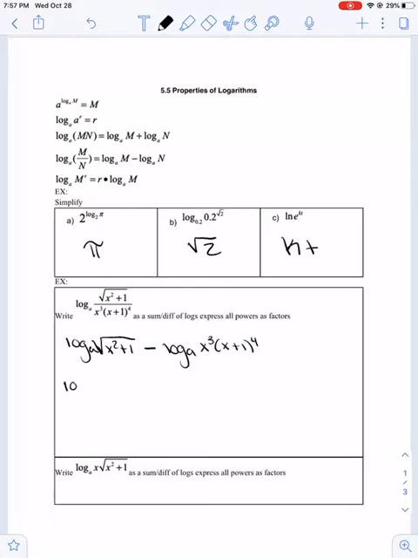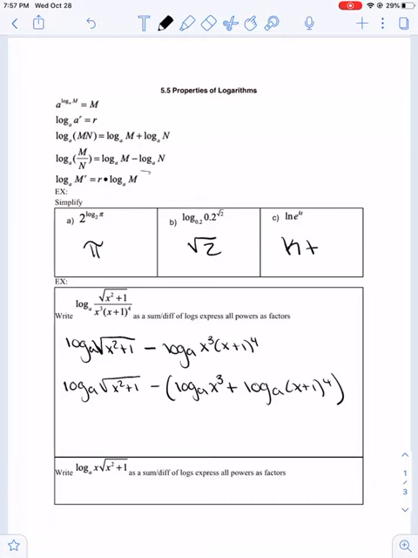So I can add those. But I'm going to write it like this because that minus is still supposed to get distributed to both. So I'm going to put it in parentheses. So log base a of x cubed, plus log base a of x plus 1 to the 4th.